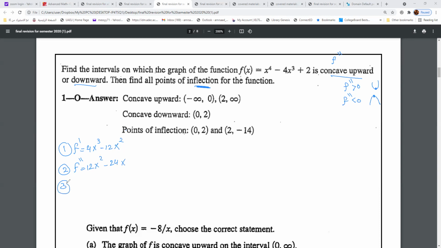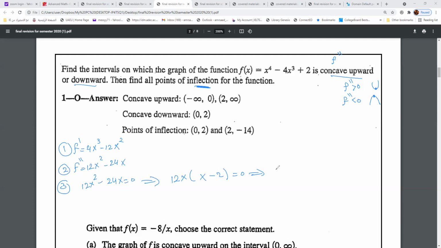Third step, I have to find when the second derivative is 0 or does not exist. But please be careful. 12x squared minus 24x equals 0 implies take 12 as a common factor, 12x times (x minus 2) equals 0. I know all of you know how to factorize and solve this equation.